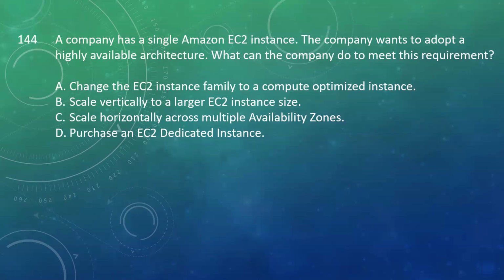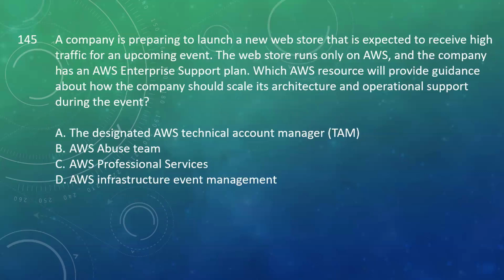Why the option D is not correct. Now, purchasing an EC2 dedicated instance doesn't provide you high availability because you just have a dedicated instance, but the instance is still one. So if the instance goes down, you don't have anything as a backup, which means option D is again incorrect.